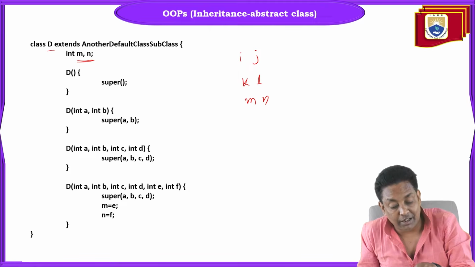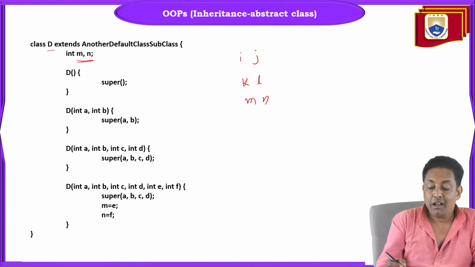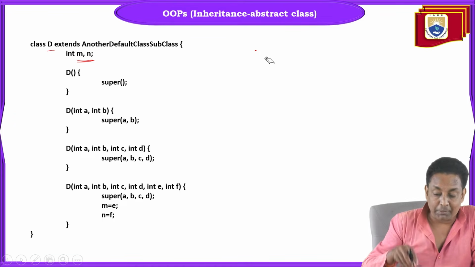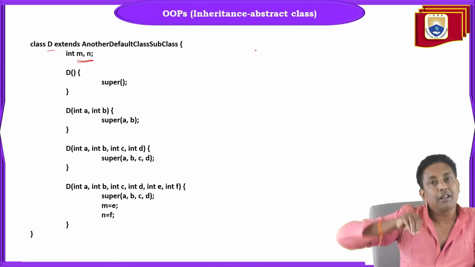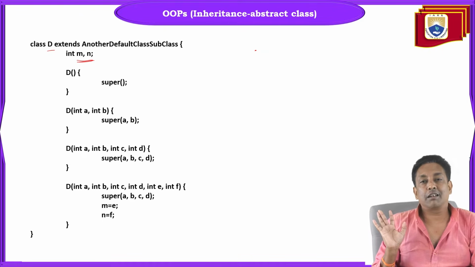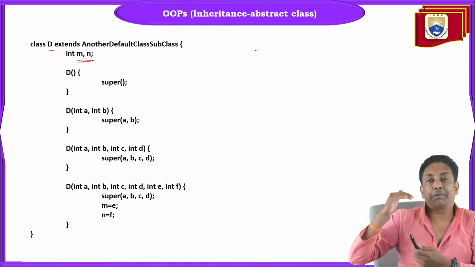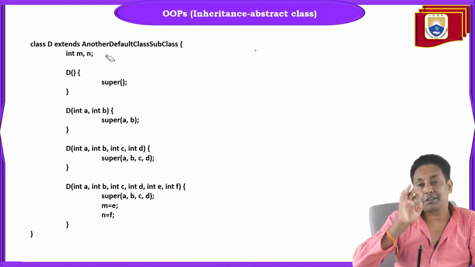Two parameters are left, E and F, and they will initialize this D class's variables. This is how, whenever your subclass gets any parameters, first you supply them to the superclass constructor. If any are left, with those you initialize your class instance variables. You always give preference to superclass instance variable initialization first.